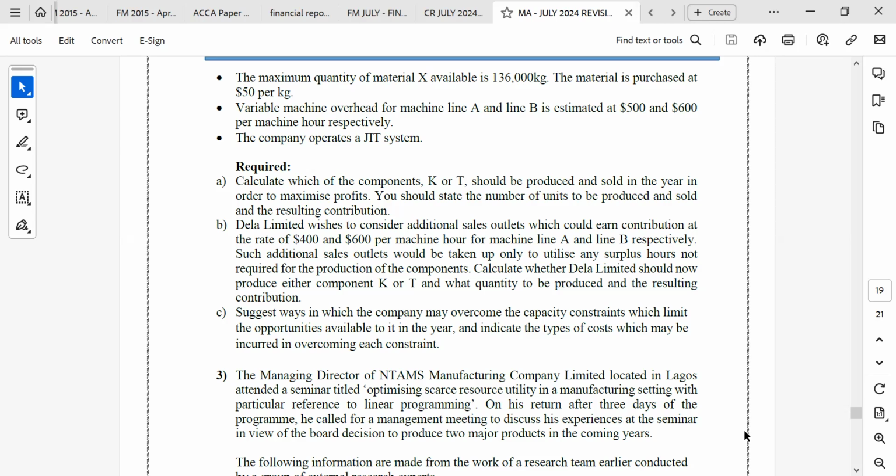The surplus machine hours will be added to the normal contribution that we'll be getting from our production. Then you just have to calculate and add it to your existing product contribution, and that will give you the contribution for whatever they are asking you. So you look at the contribution and advise which quantity should be produced by each of them.